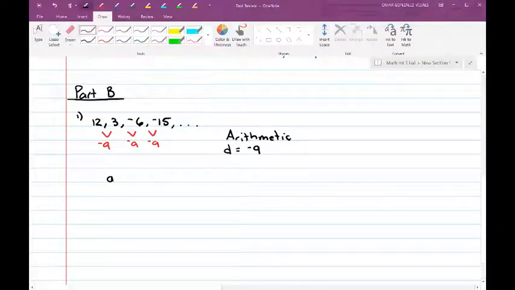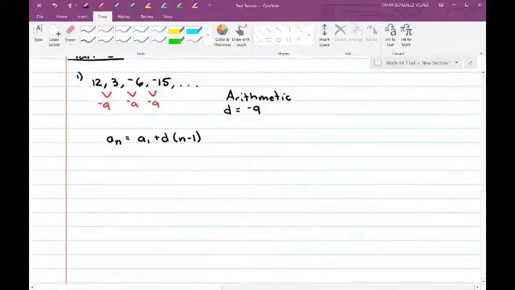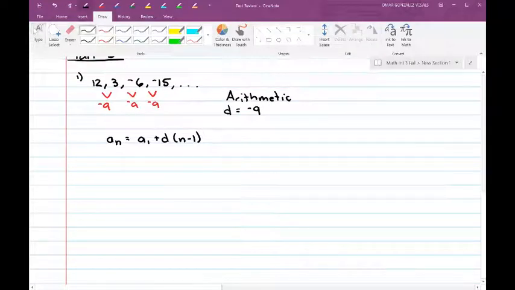The explicit formula is a of n is equal to a of 1 plus d times n minus 1. And you guys plugged that in really well, which I was very happy with. So it was a of n equals my first term, which was 12, my common difference, which was -9, and then n minus 1. And you guys did that very well, so you got another point for that.